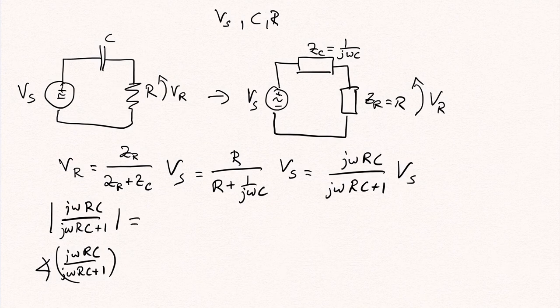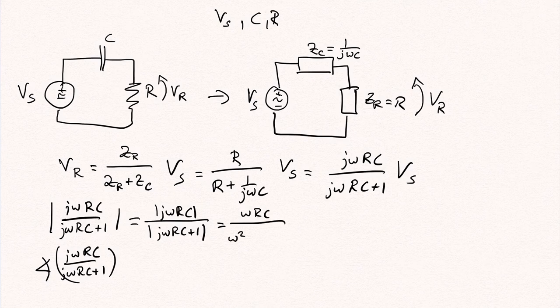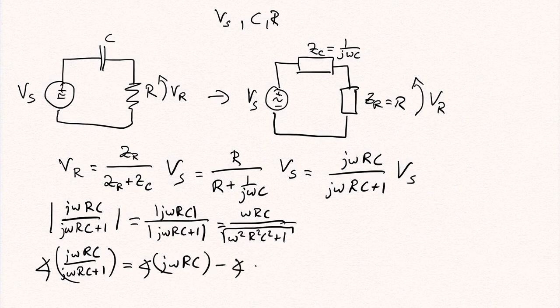For the magnitude, first note that this is equivalent to the absolute value of j omega RC divided by the absolute value of j omega RC plus 1, which is omega RC divided by the square root of omega squared R squared C squared plus 1. For the phase, first note that this is equivalent to the phase of j omega RC minus the phase of j omega RC plus 1.